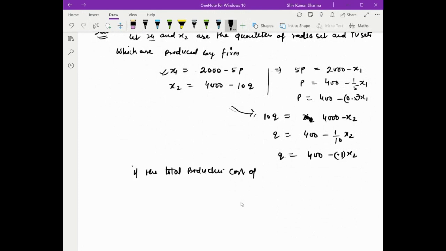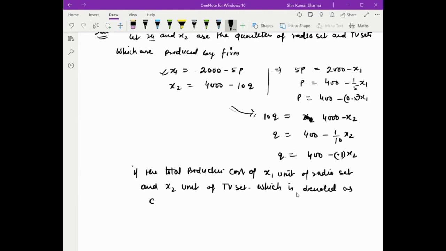If we read the question, the total production cost of X1 units of radio sets and X2 units of TV sets is denoted as C1 and C2 respectively.